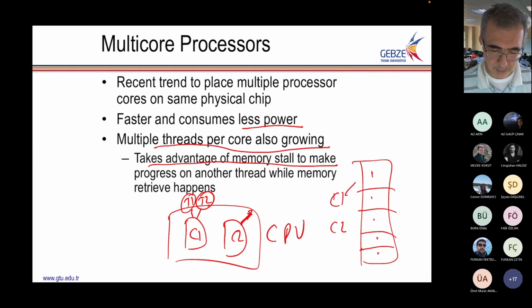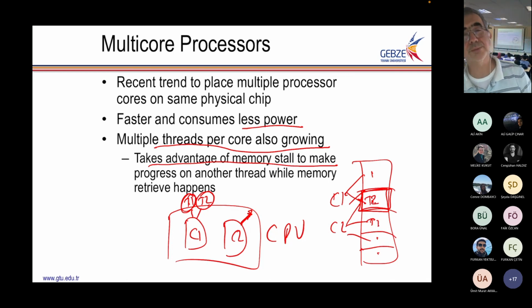C1, C2: C1 can access these, C2 can access these, C2 can also access this, and C1 can also access this. So this is shared. But multiple threads means if this one is waiting to read something from the memory, another thread can go on. T1 is here, T2 is here. T2 will wait, but T1 can continue.